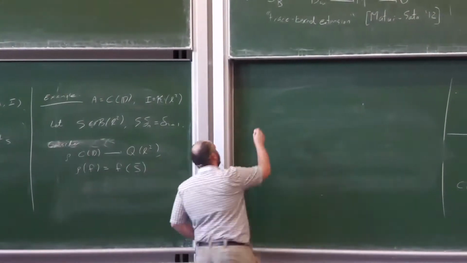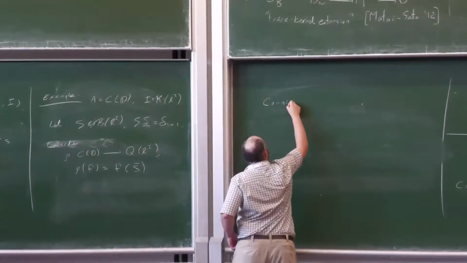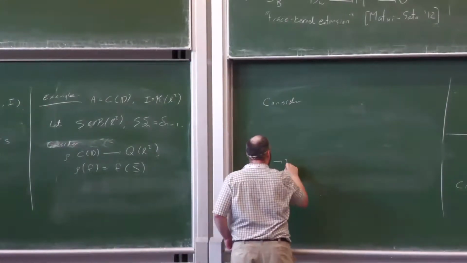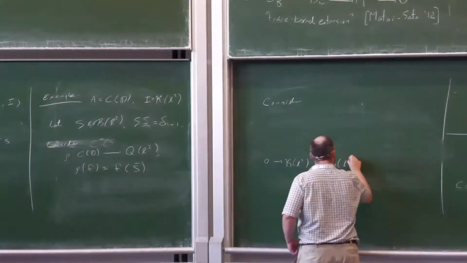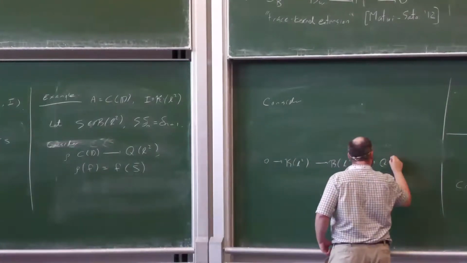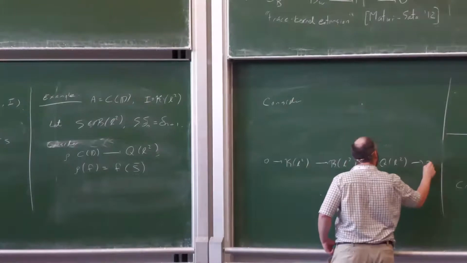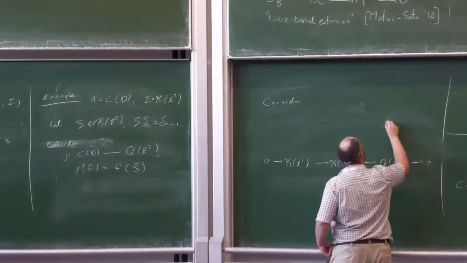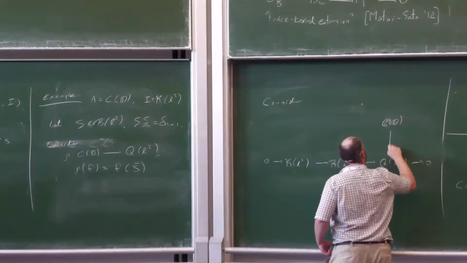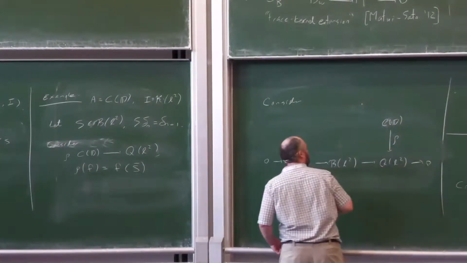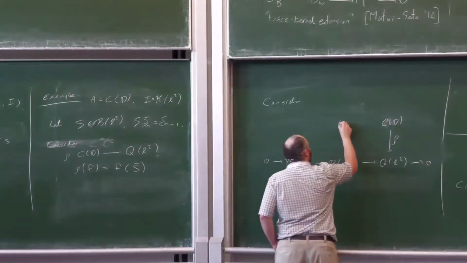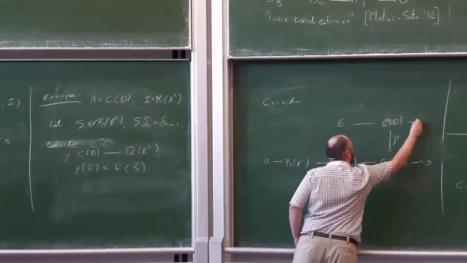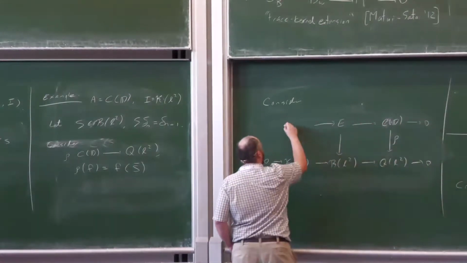So the extension is going to come from lifting this. I have the compacts inside B of H, mapping to the Calkin algebra. I have this map from C of the disk given by functional calculus on the shift, and this pullback extension here. So similar to what we had before.